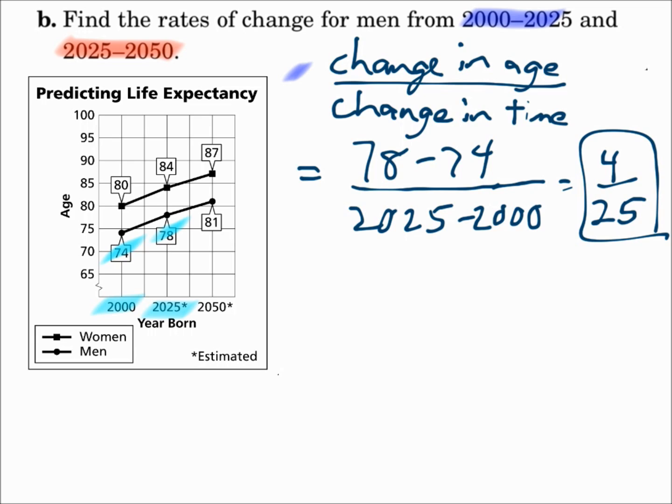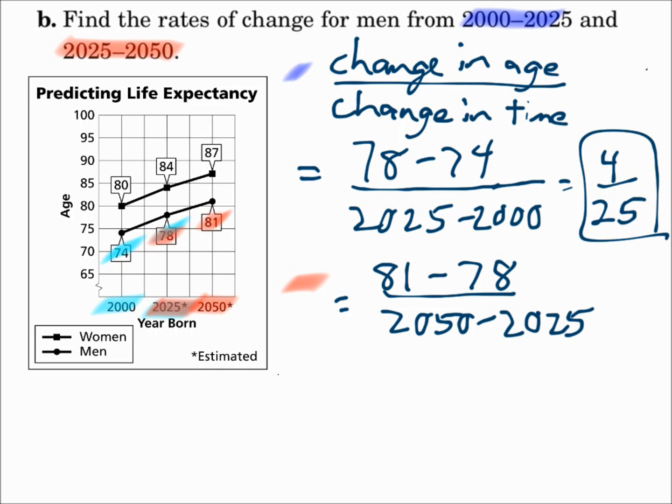For the next range, do the new age 81 minus the old age 78 over the new time 2050 minus the old time 2025. And that's 3 over 25. Organize it. Make sure you're using the right number, and do the new one minus the old one.